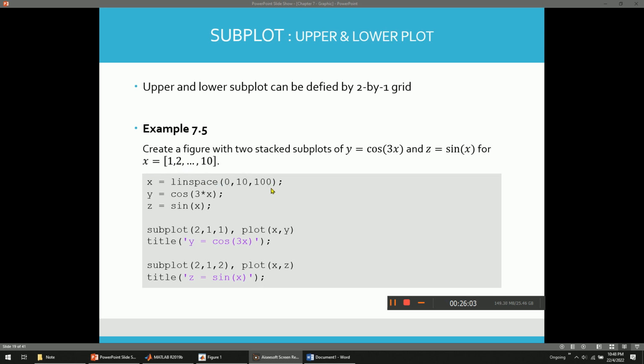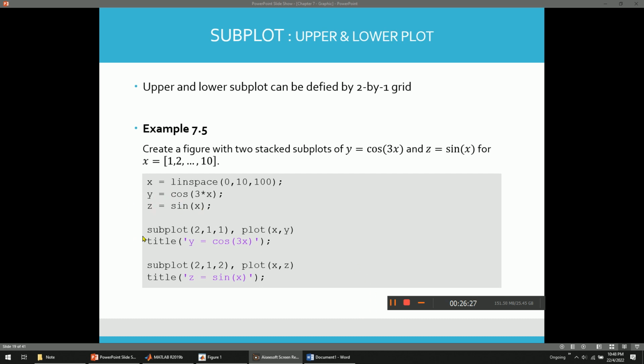For this case, we choose 100 points instead of 1 point only. So you can see here x, then y equals cos 3x and z equals sin x. So basically x, y, and z.